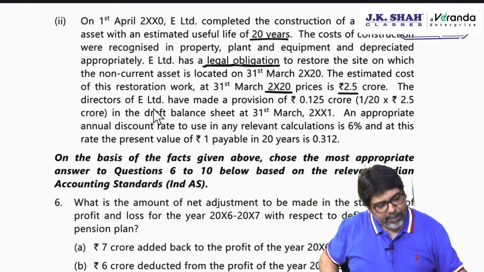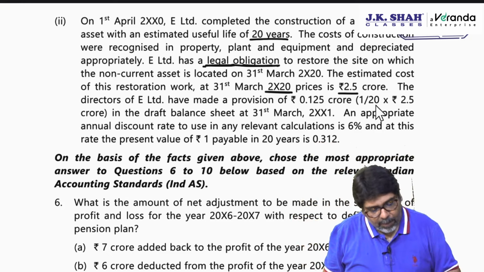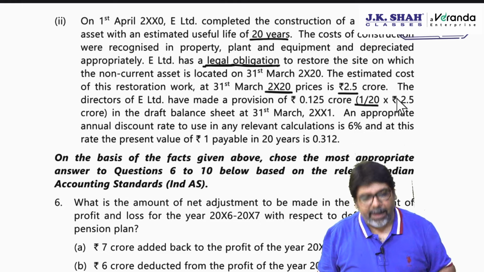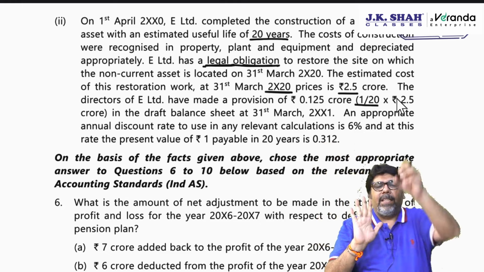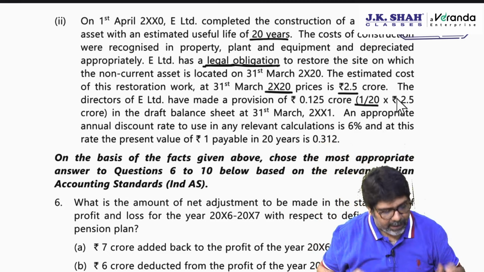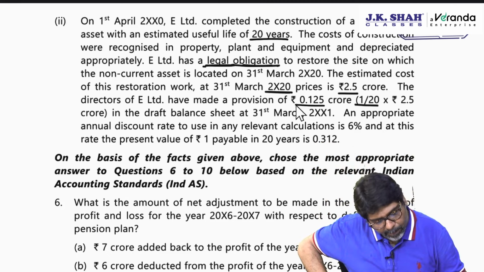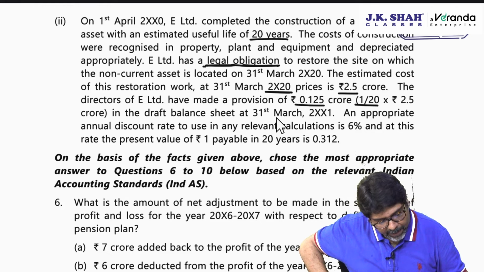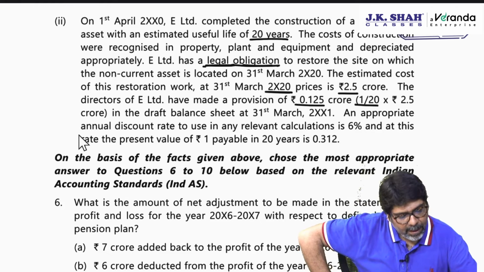The directors have made a provision of 0.125, that is 1 by 20 divided by 2.5. They did not find out the present value. They simply divided by 20 years and created a provision of 0.125 in the draft balance sheet and appropriate annual accounts.